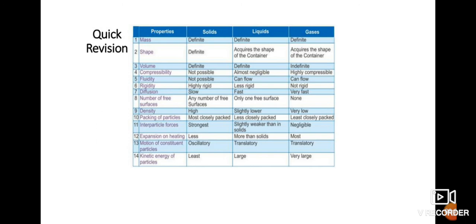The properties given are mass, shape, volume, compressibility, fluidity, rigidity, diffusion, number of surfaces, density, packing, interparticle force, expansion on heating, motion of constituent particles, and kinetic energy. While we go through these topics, it will be easier for you to understand the three states of matter properly. With this, we'll wrap up this particular part.